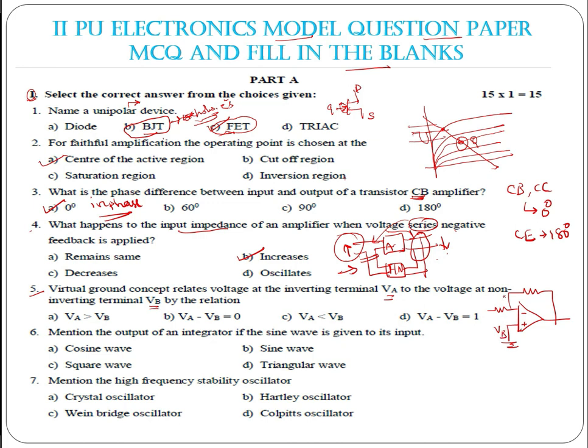Suppose I write VA and VB, VA minus VB should be 0, so that VA is equal to VB. Since VB is at 0, this also will be at 0. So this is the option.